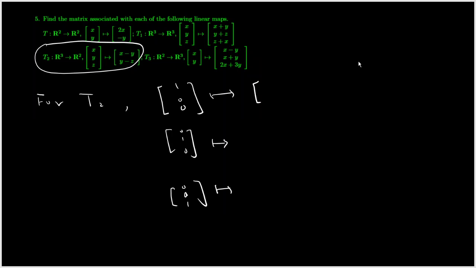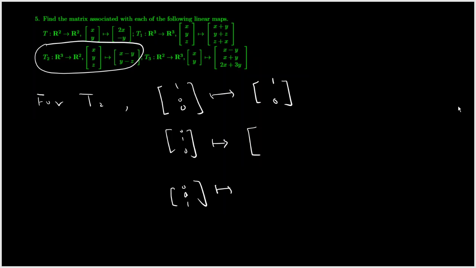Okay, 1 0 0. You treat x as 1, y as 0, z as 0. I believe the output for the input of 1 0 0 under T2 has the first component of 1. Is that right? The second component of 0. Correct me if you see anything wrong.